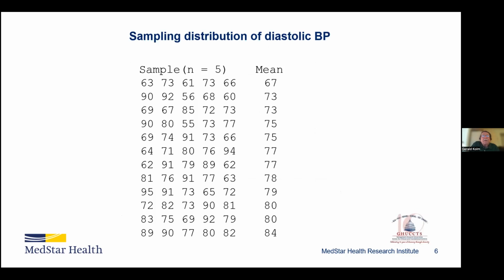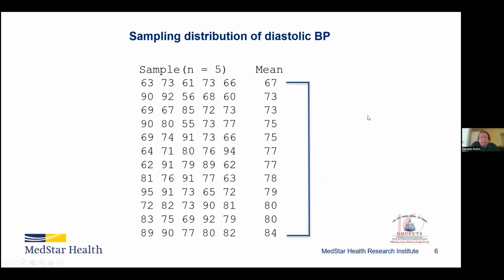Then I had this slide that looked at a number of random samples that we drew from the population with a sample size of 5. So in each sample, there are 5 values, and then we calculated the mean of these 5 values.